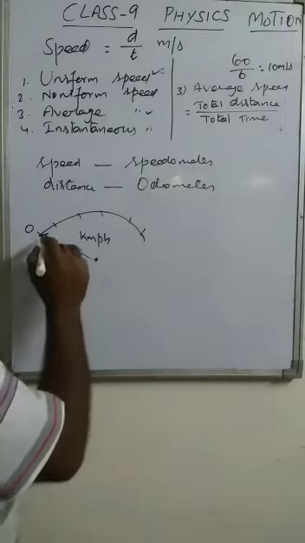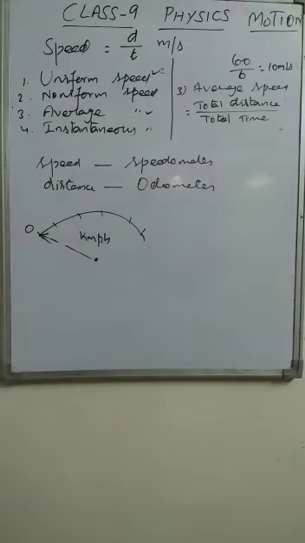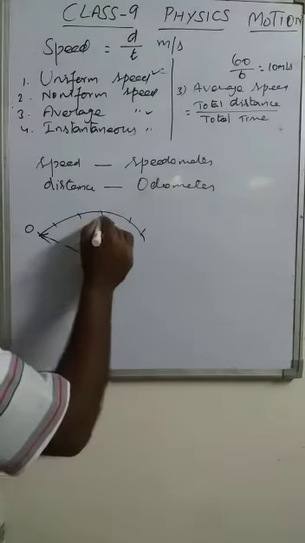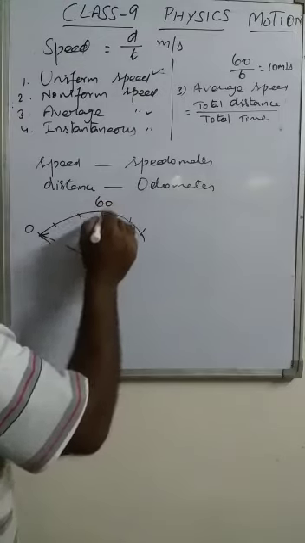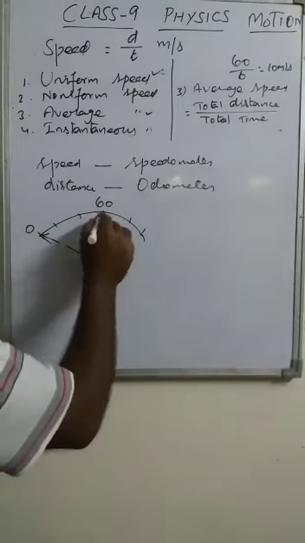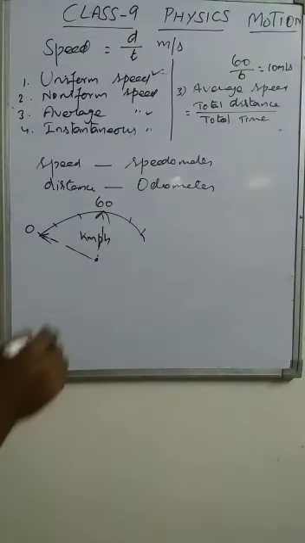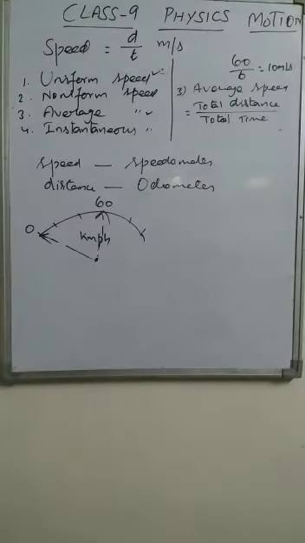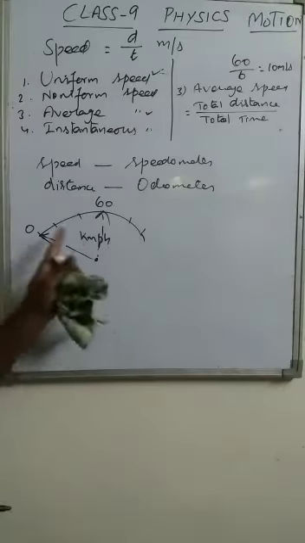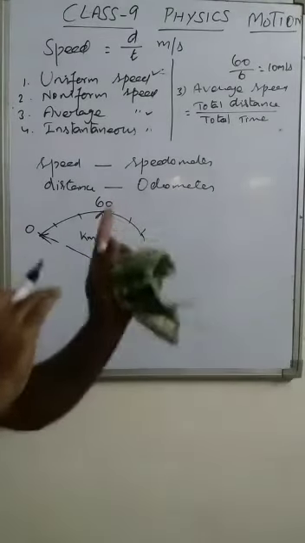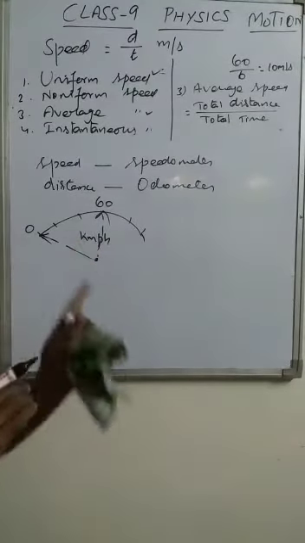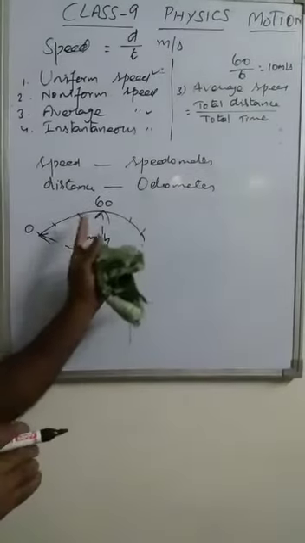As we travel, the needle moves towards the right. Suppose it is showing this value, let it be 60. Now, if the needle is showing this value, then we say the vehicle is traveling at 60 km per hour. That means if it travels in the same manner, it covers 60 kilometer in 1 hour.